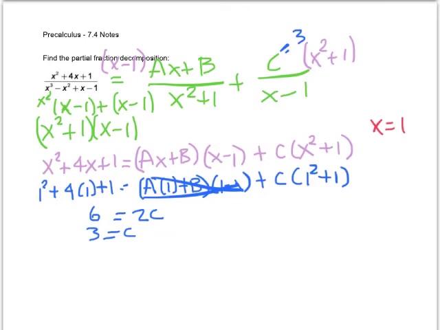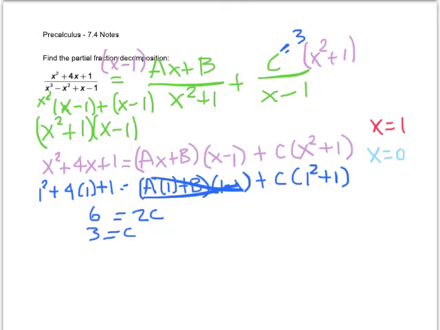Okay, and I'm going to use that to help me solve for another zero. And again, I get to pick my zeros, and so I need another of these variables to go away. And so what I'm going to do is let x now equal 0.